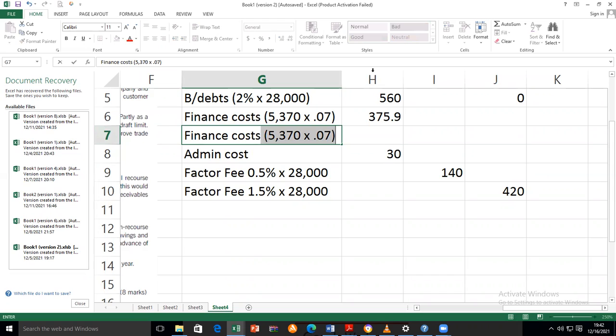How much will be our receivables now? 30 days. So our receivables will be 30 over 365 times 28.